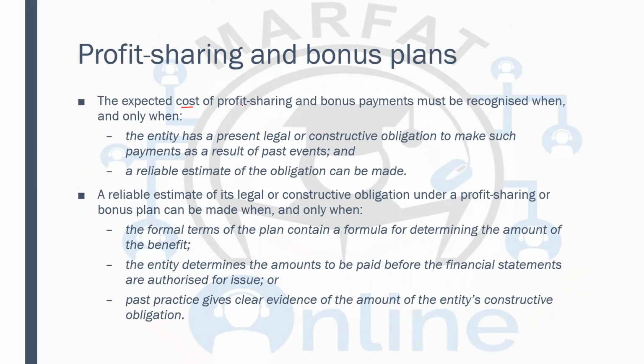The expected cost of the profit sharing and bonus payments must be recognized when and only when the entity has a present legal obligation. Expected cost means that you're going to debit the profit or loss and credit the bonus payable.